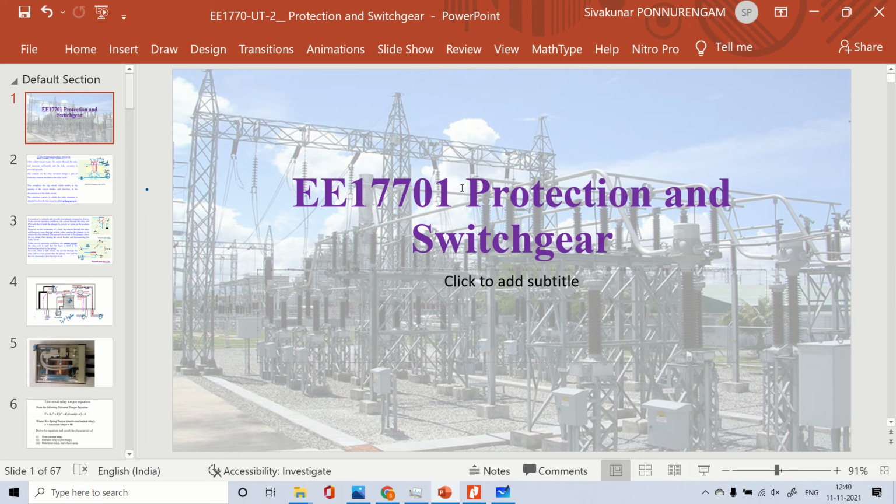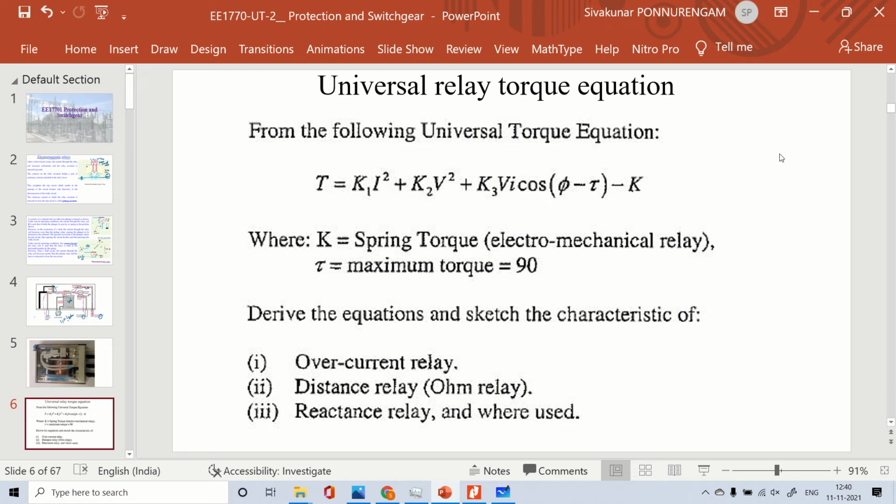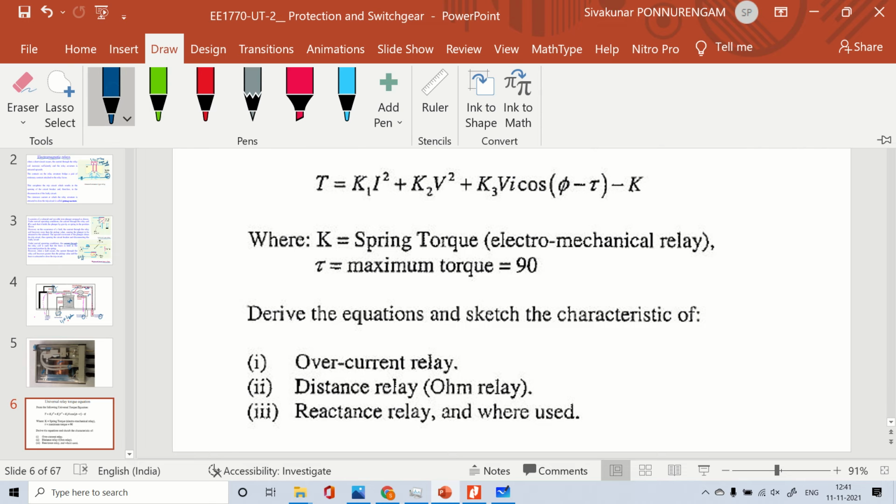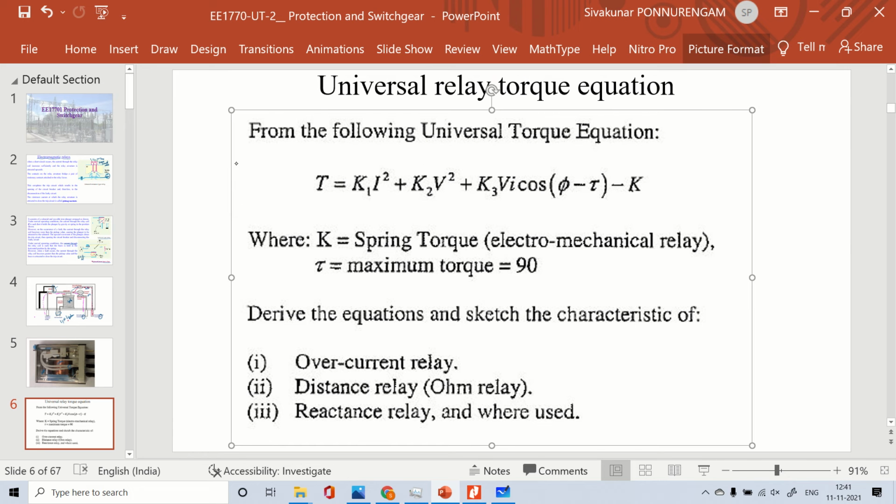Today's subject is power system protection and switchgear. We are going to cover the universal relay torque equation, which depends upon the time slot.